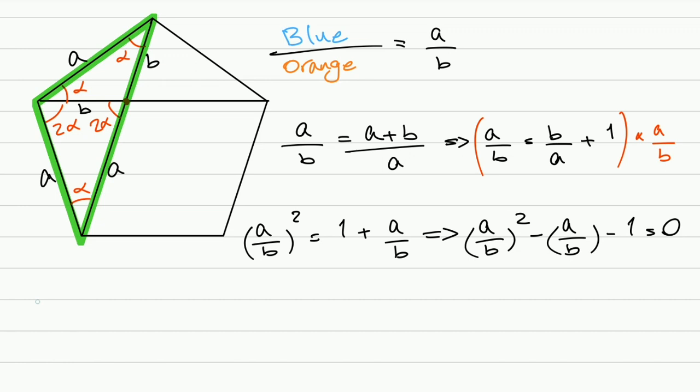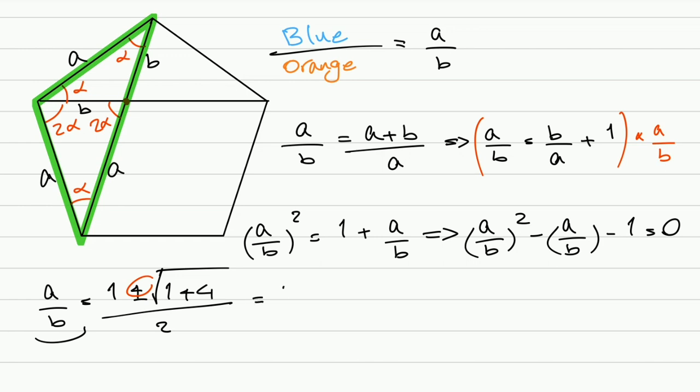Is this equation familiar to you? Well, let's see. Let's use the quadratic formula. A over B is equal to 1 plus or minus the square root of 1 squared plus 4, divided by 2. We can only accept the plus sign because the negative sign will lead to a negative value for A over B. That's not possible. So it's equal to 1 plus square root 5 over 2.